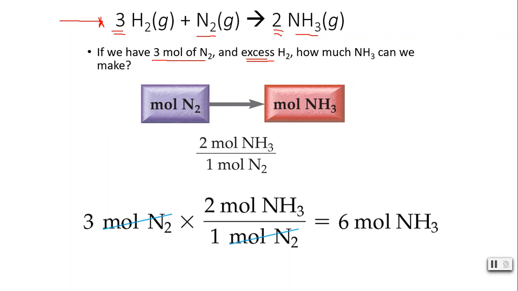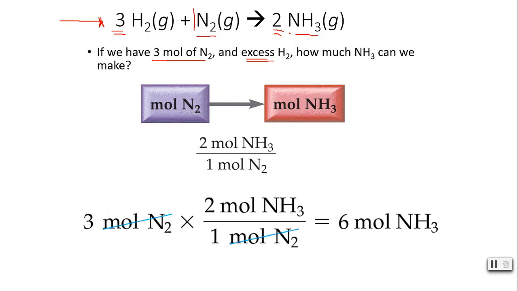So I can see from my balanced chemical equation, think about that as being a 1 right there, that for every 1 mole of N2 gas, I have 2 moles of NH3.